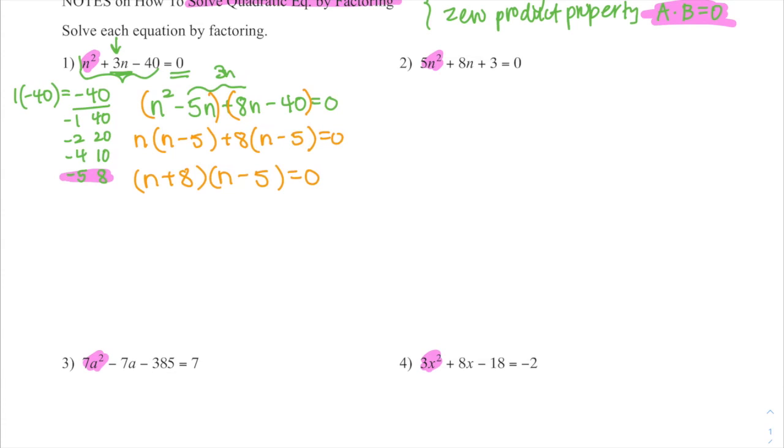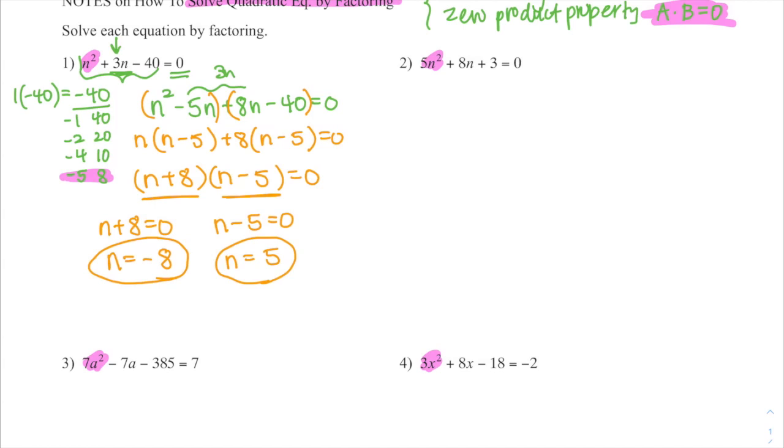Now that's just the factoring. Now we're ready for the second part, the zero product property, actually finding the value of n. So we set each factor equal to 0. N plus 8 equals 0, and n minus 5 equals 0, and we solve. So for number 1, we get n is equal to negative 8, or n is equal to 5.